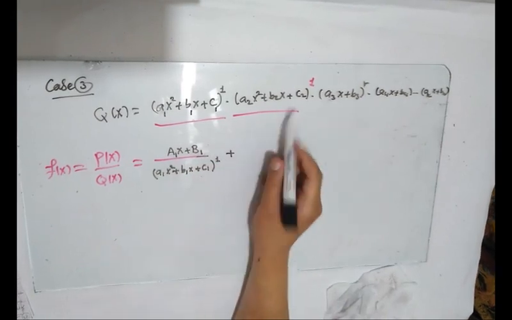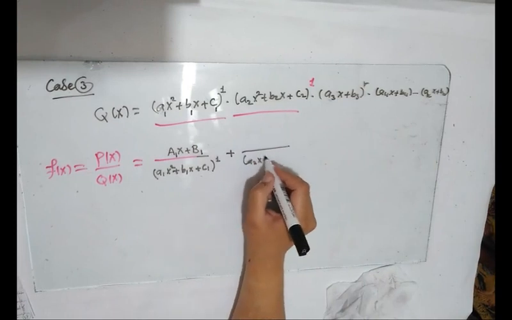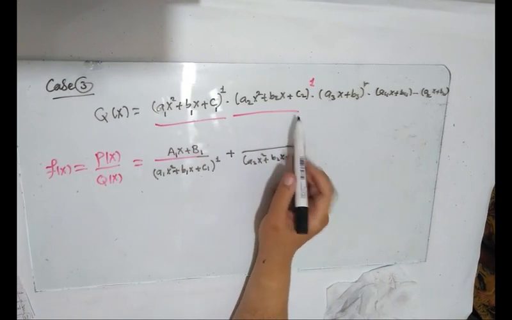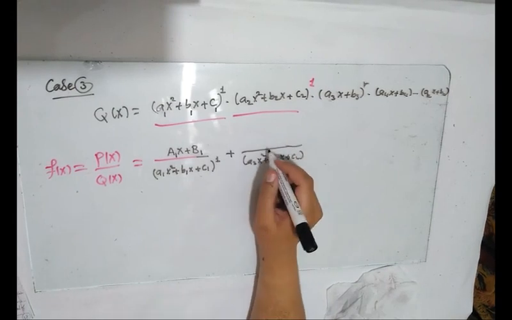Plus again for the second one, here you have a2x squared plus b2x plus c2, and since it's to the power 1, it will share only one partial fraction.